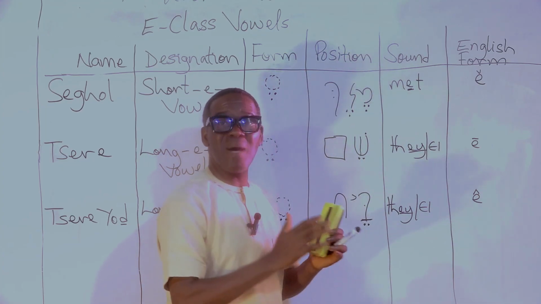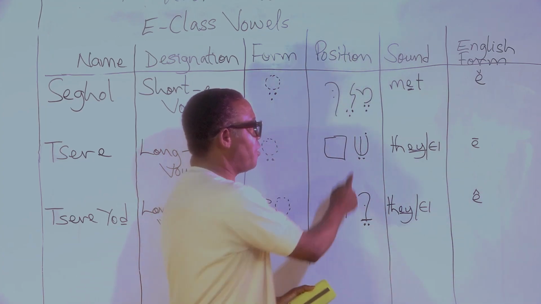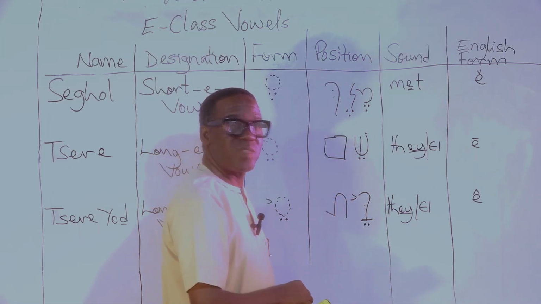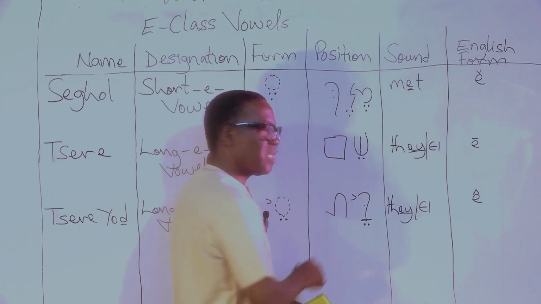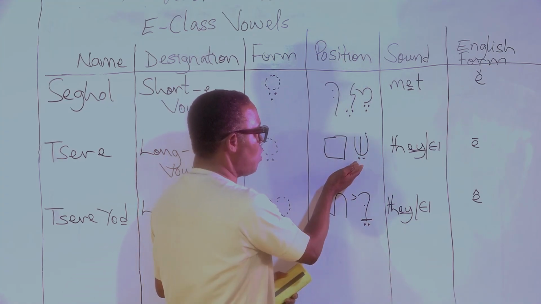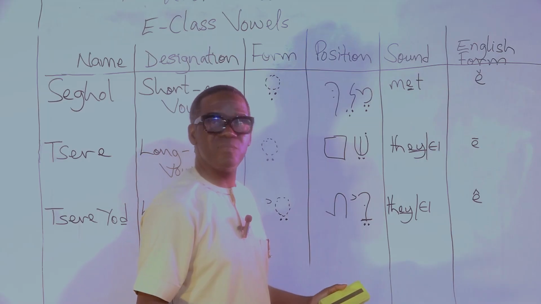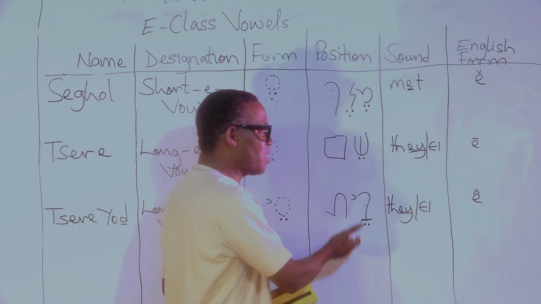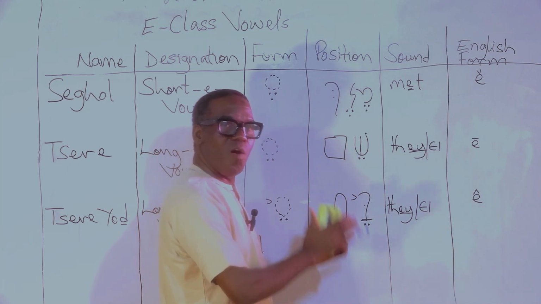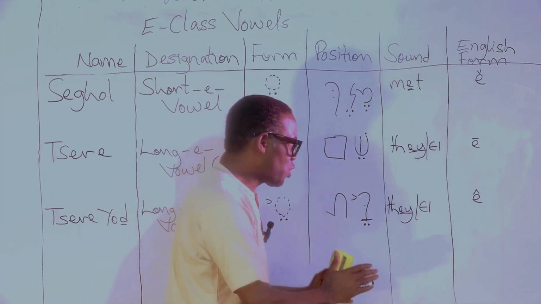So one has to master it. You can't use sere yod for this word, but this word has only sere, and this word has sere yod. These are different words in Hebrew. This word, shem, means name. This one means between. So you have to learn the vowel of each word with each word.